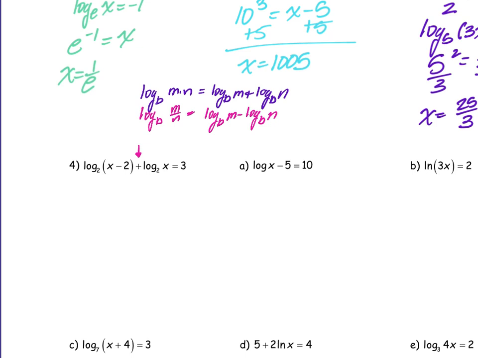And then the third one said log base b of m to the nth power equals n times log base b of m, right? So those are the rules I'm talking about. So if I have a plus sign here, which one of those rules would I use? The first one, the second one, or the third one? It's got a plus sign in it.